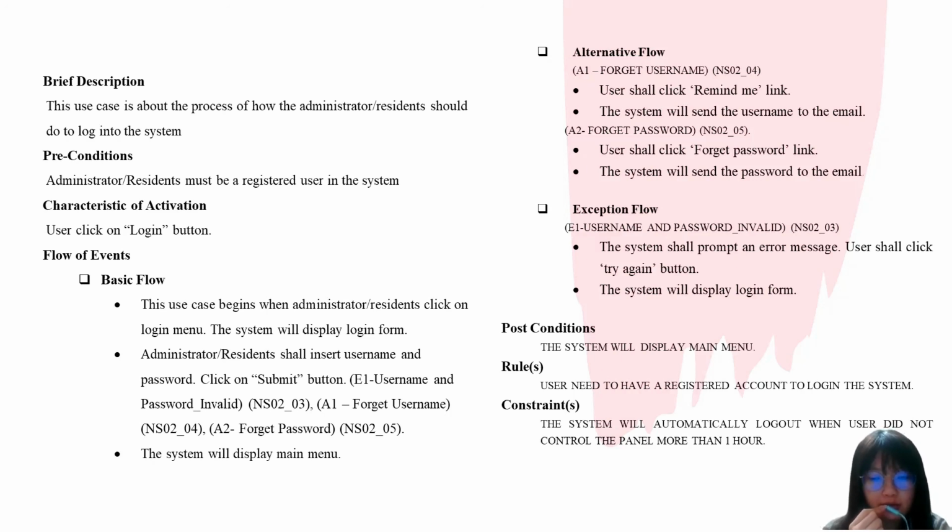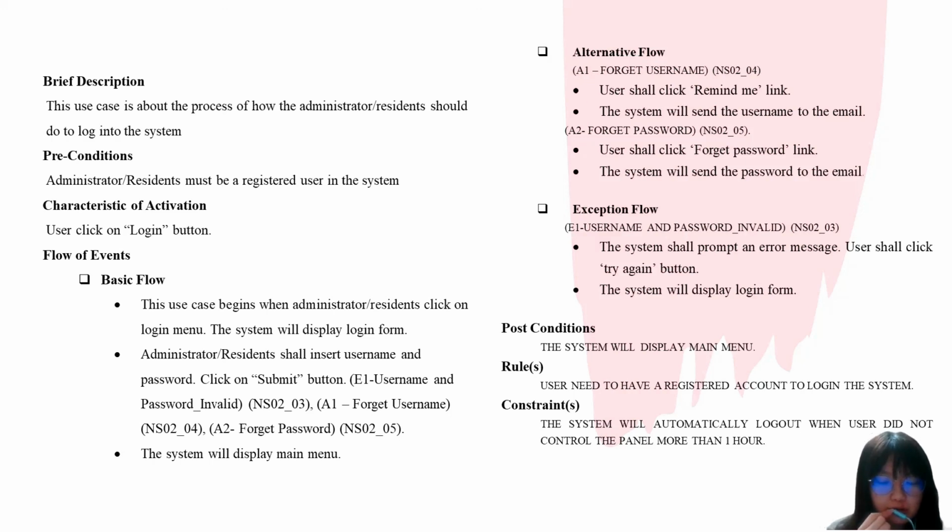Then the system will send the password to the email. For the exceptional flow, the system will prompt an error message if the username and password that the user keys in are invalid. Then the user needs to click on the try again button. After that, the system will display the login form again.